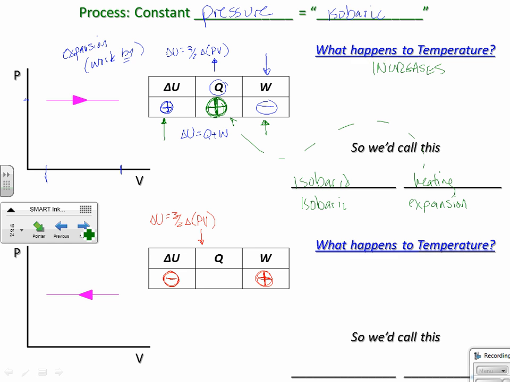We did work on the gas. We compressed the gas, but temperature dropped. That means we took tons of energy out of the system. What happens to temperature? It drops. We call this an isobaric compression / cooling.